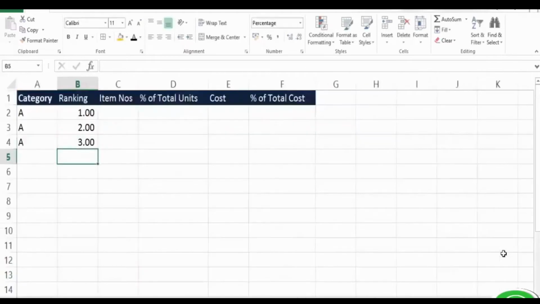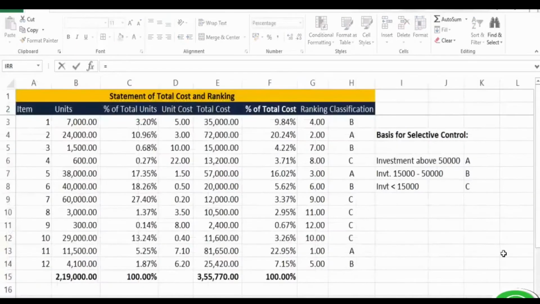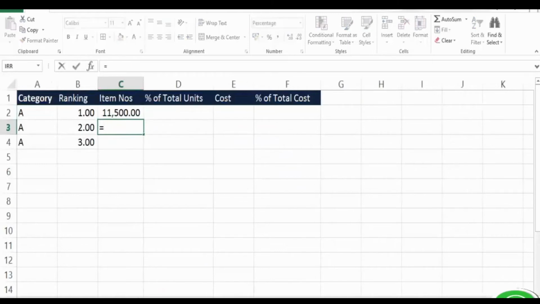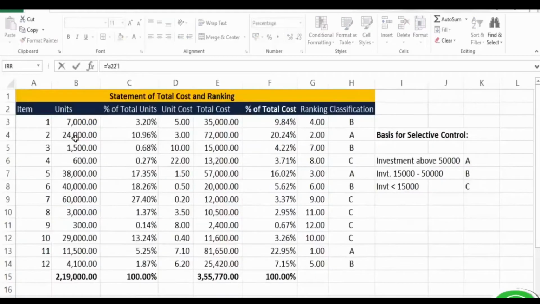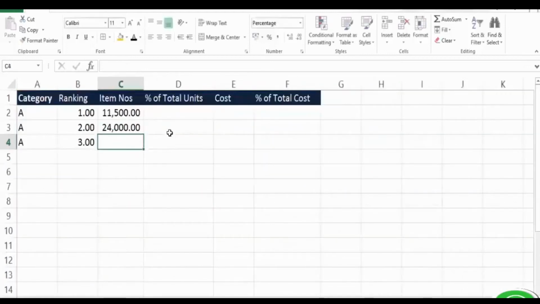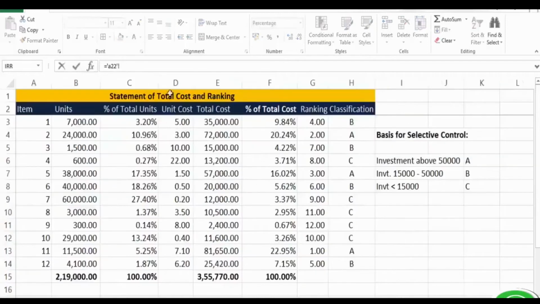Okay, so all the first 3 had come under A, and in terms of item numbers, so for the first rank the item numbers are 11,500. For the second rank the item numbers are 24,000. Okay, and for the third one the item numbers are 38,000.